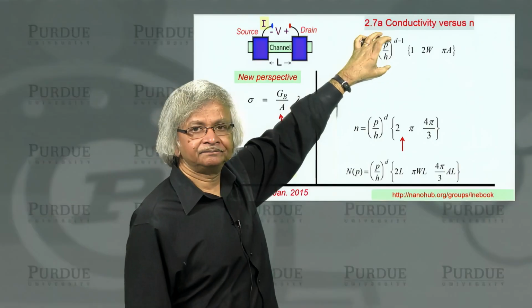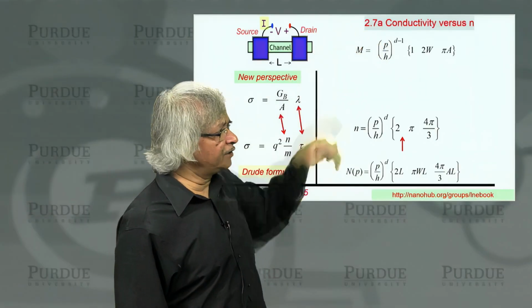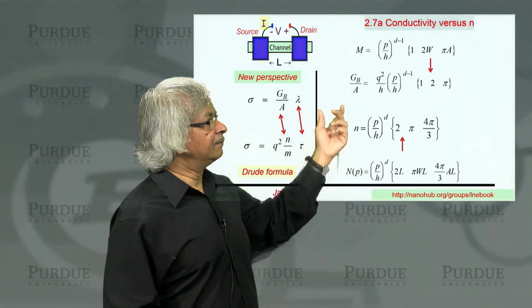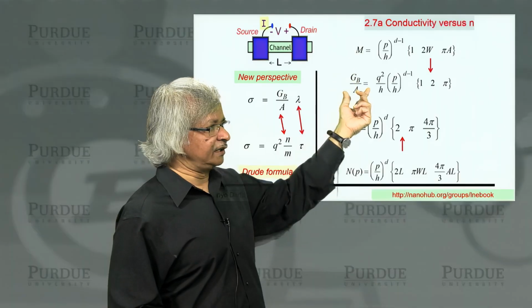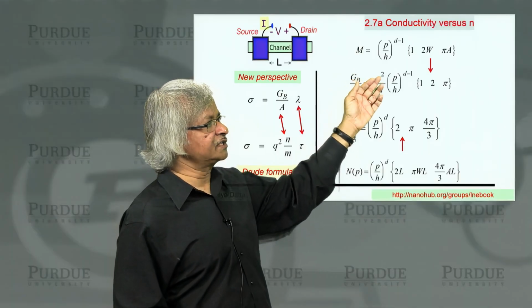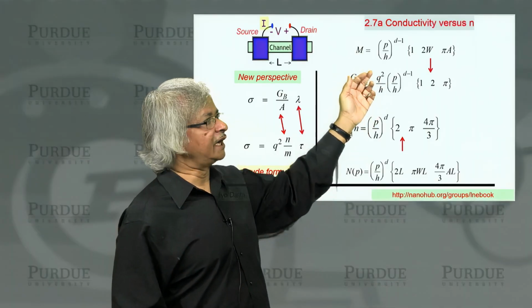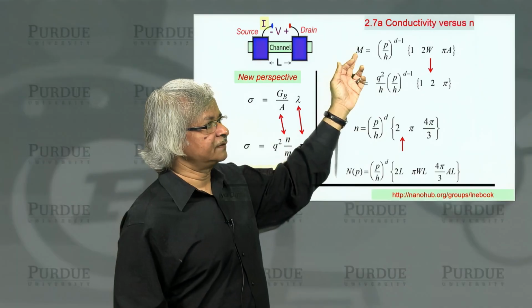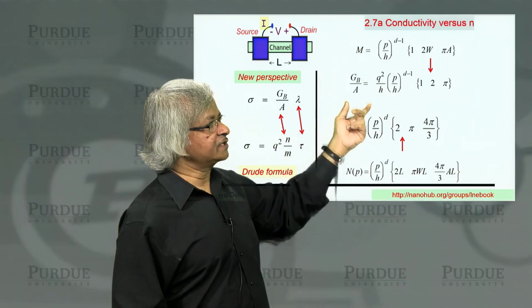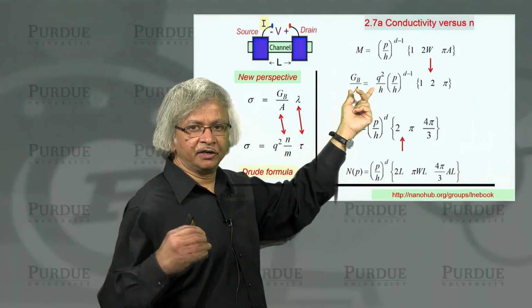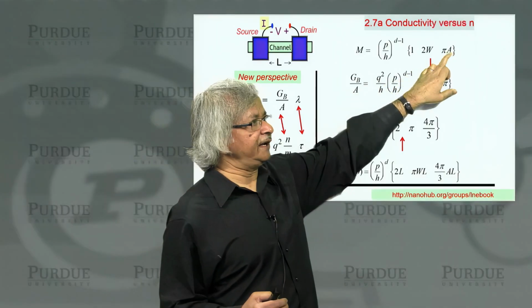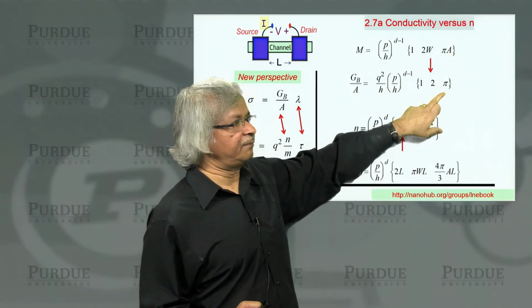So you get that. And from here you can deduce an expression for the ballistic conductance, because ballistic conductance is Q square over H times the mass. You see? And what I've done is we want ballistic conductance per unit area, and so I've dropped the area. The A is gone. I only have the pi left.